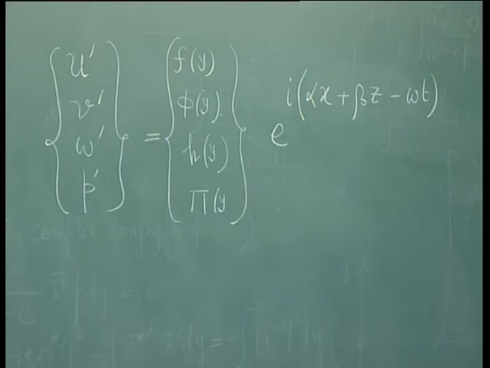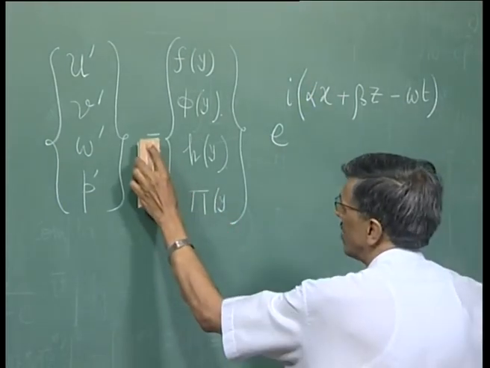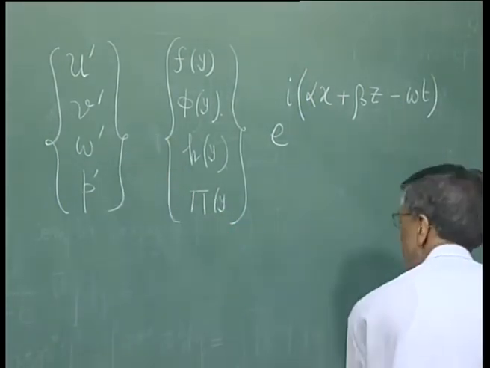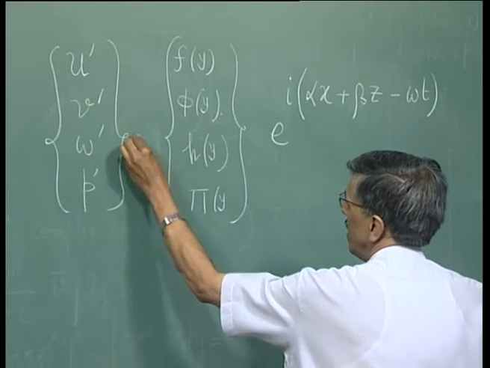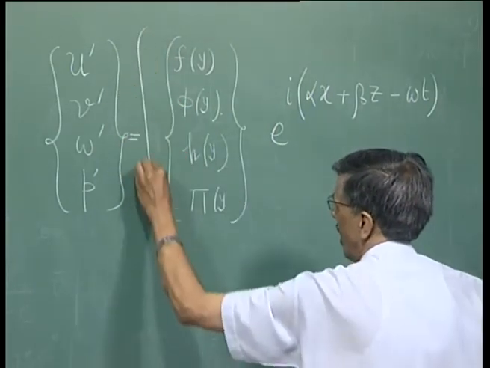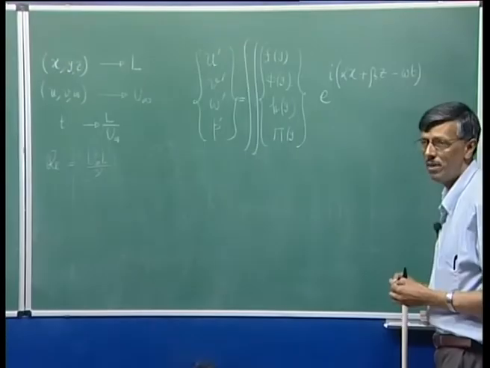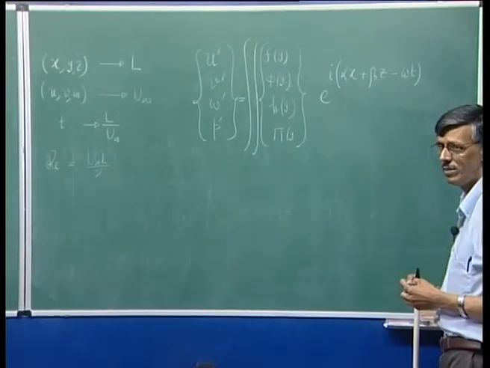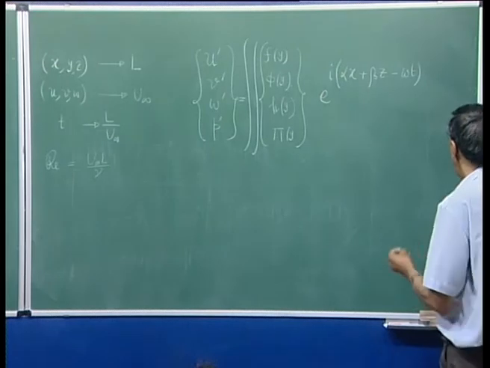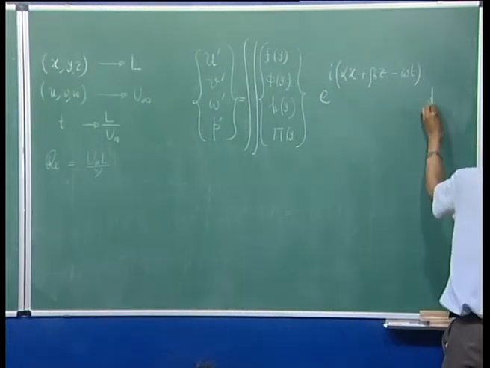And now, ideally speaking, if we are looking at the generic case, then we should have written it like this, that this equals all possible values of alpha and beta.